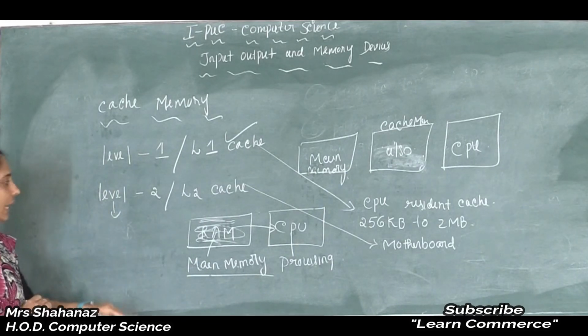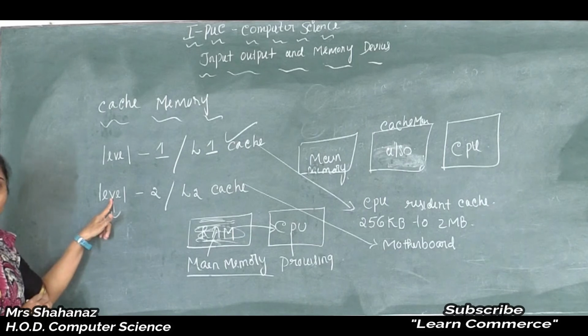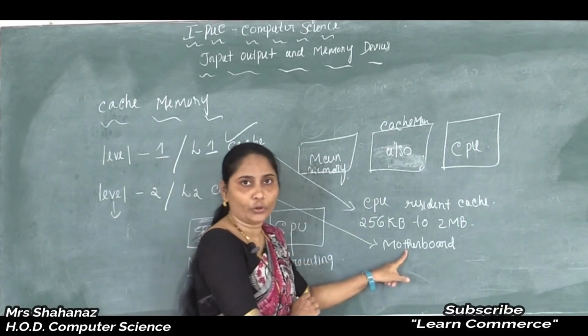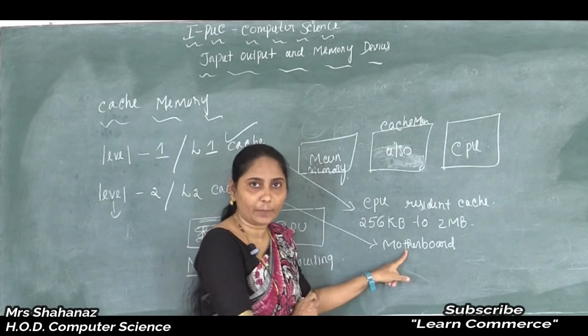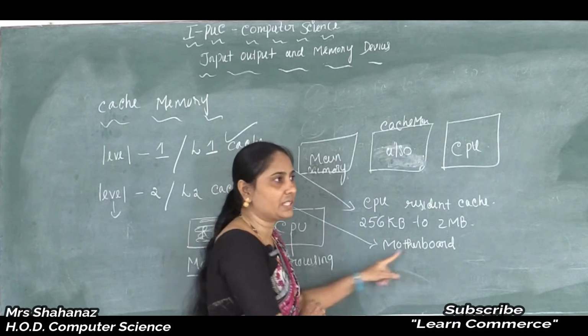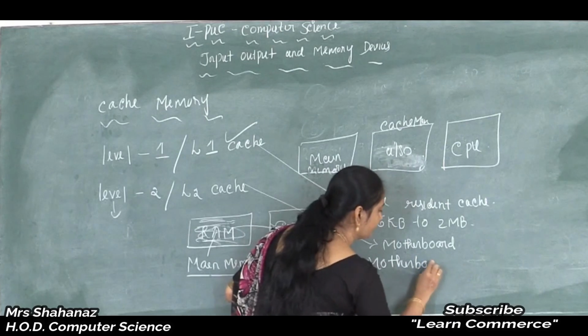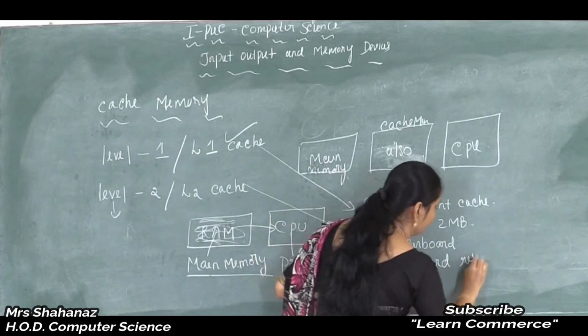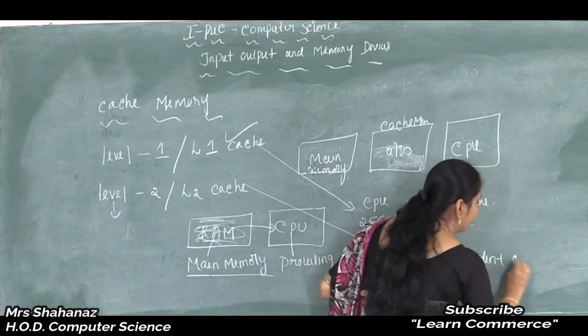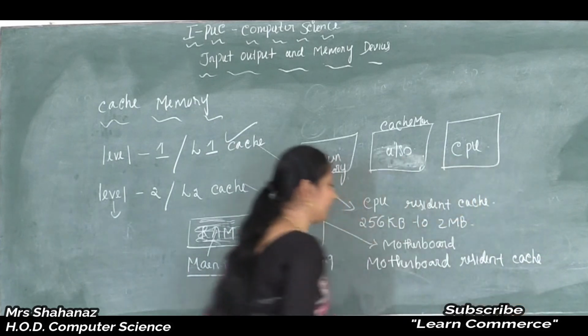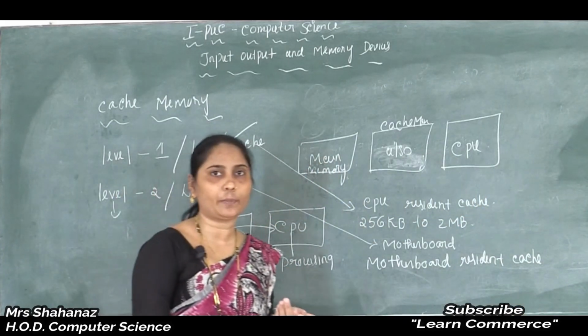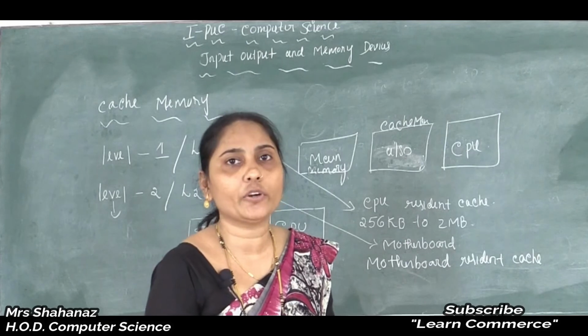The level 2 is located on the motherboard of the computer, so this cache is also called the motherboard resident cache. Clear this point here? Since it is located on the motherboard, it is called the motherboard resident cache.